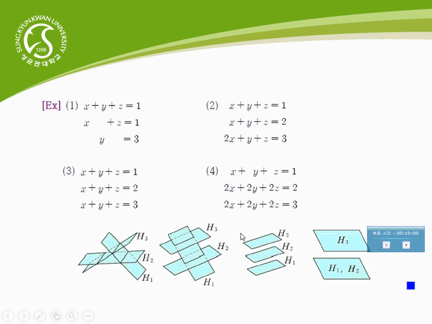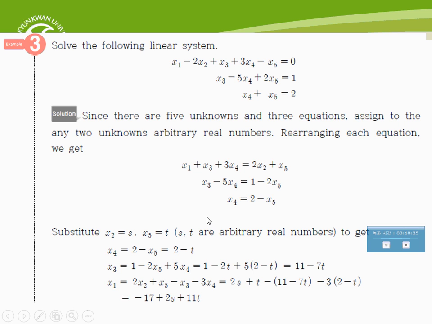In all these cases, 1, 2, 3, 4, there is no point, no vector, that satisfies these equations on all three planes at the same time. Okay. So these are examples of an inconsistent linear system of equations, which has no solutions.